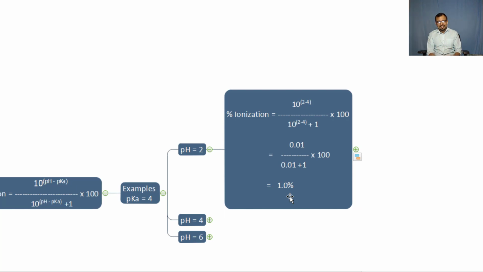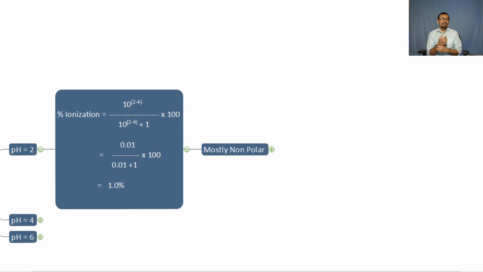Now one can understand with the help of this equation what the percent ionization is. As the percent ionization is very minimum, only 1%, this compound is in its most non-polar form, and once it is in the most non-polar form, you know what the rule of reverse phase chromatography is?